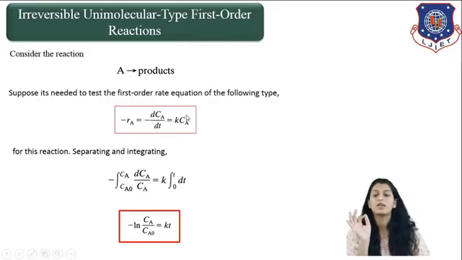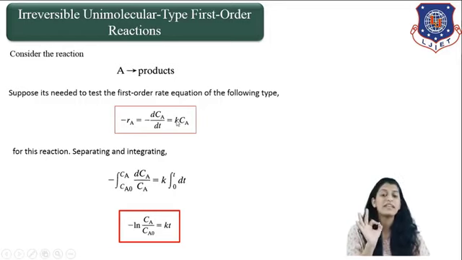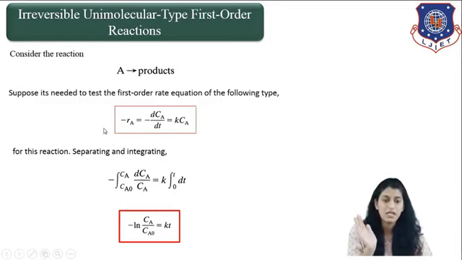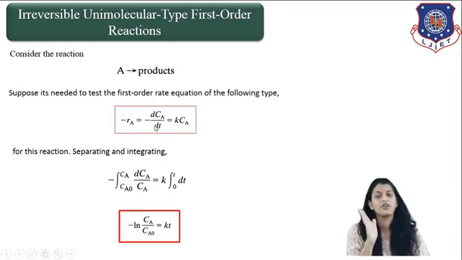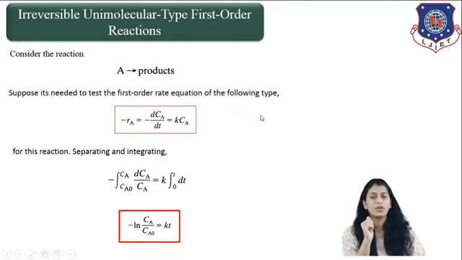Now, for this particular reaction, we need to separate out the terms and integrate for the given limits. So, separate it like dCA by CA equals k into dt. In the same way, we have minus dCA; bring CA to the denominator and take dt to the k side.